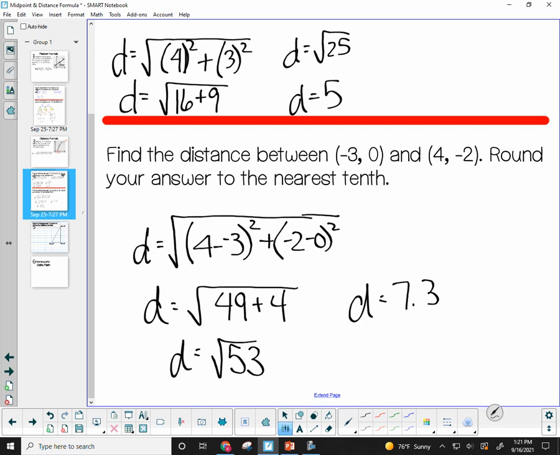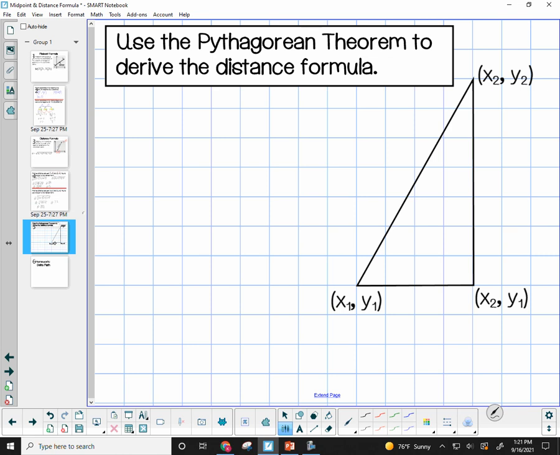Okay, last thing, I wanted to show you where the distance formula comes from. Okay, I'm not going to ask this on a test or a quiz, but I kind of want to make some connections for you. All right, so in this case here, I'm really trying to find the length of AB.